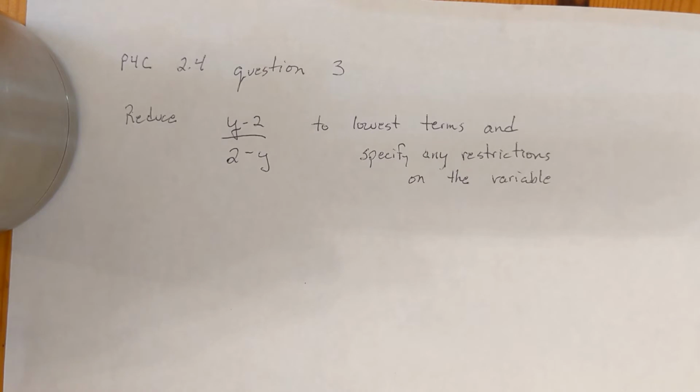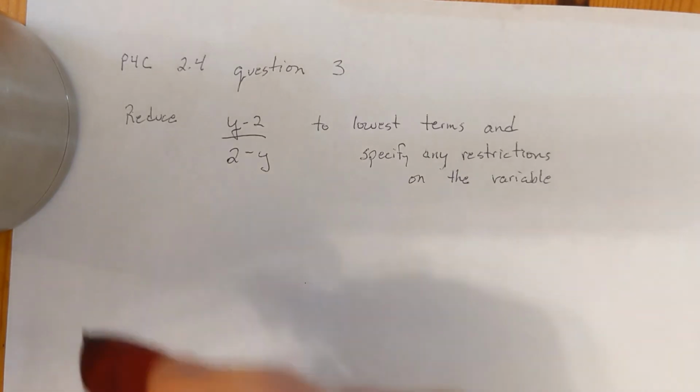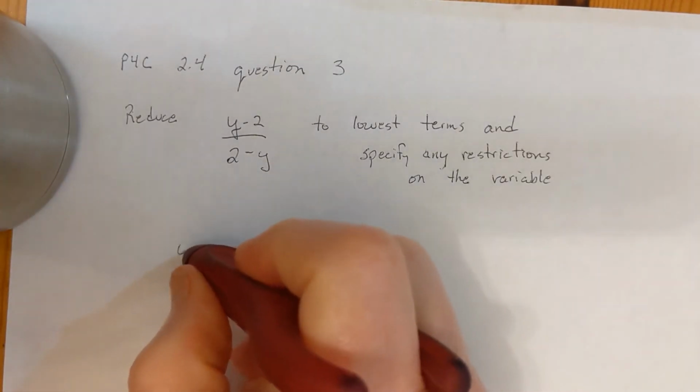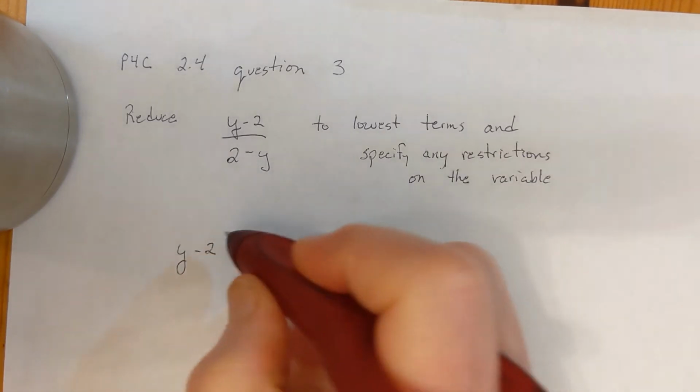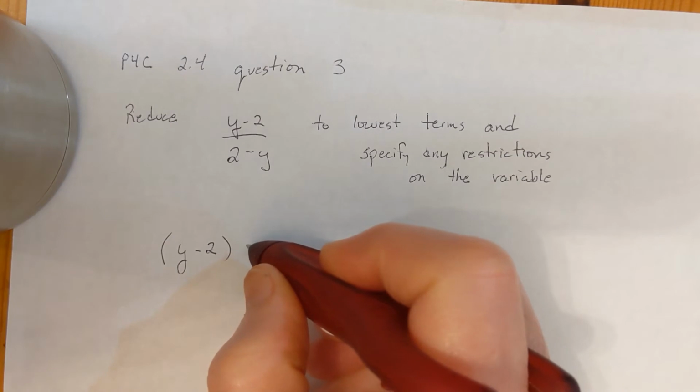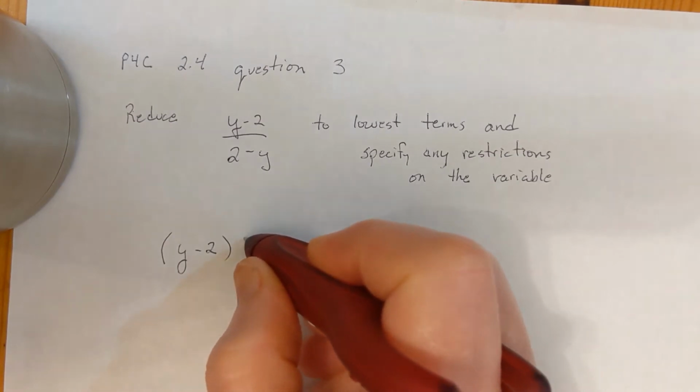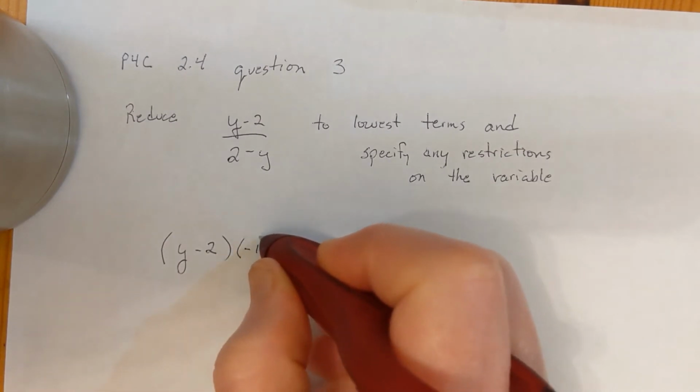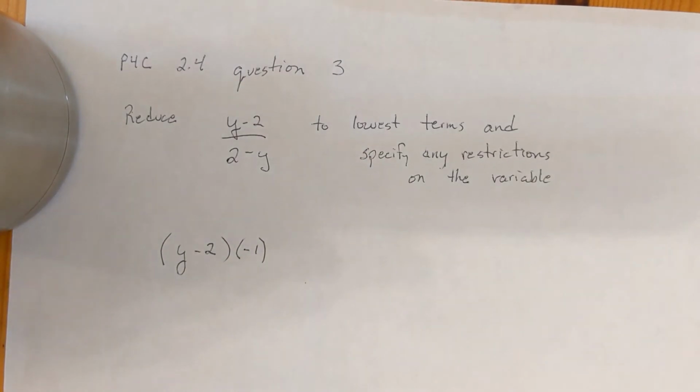So what I'm going to do is take one of these, I'll just take y minus 2, and multiply it by negative 1. Multiplying and dividing by negative 1 are essentially the same thing. So I could be factoring out a negative 1.